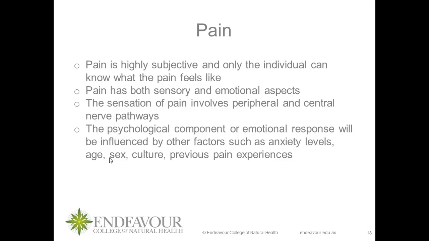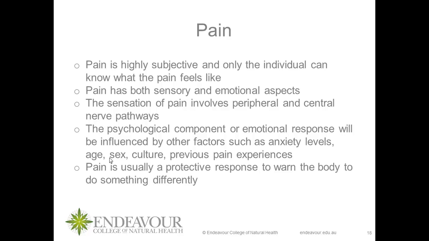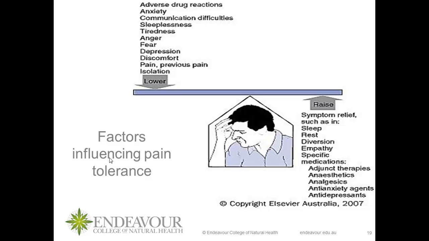It might be a previous pain experience that might be affecting the way the person now currently perceives their current pain. Pain is a protective response. We're going to talk about productive and unproductive pain, but if it's a productive pain, it's a protective response, trying to warn the body to act differently, do something different to reduce damage to the body.